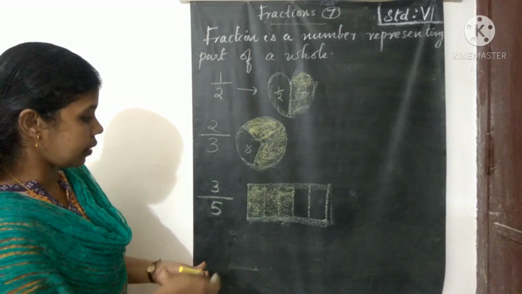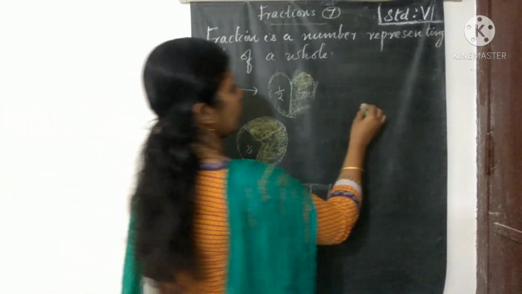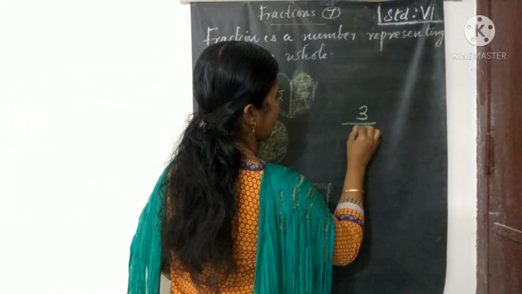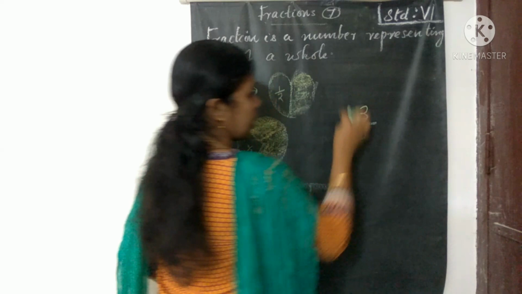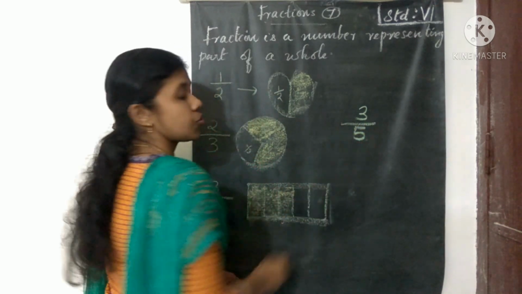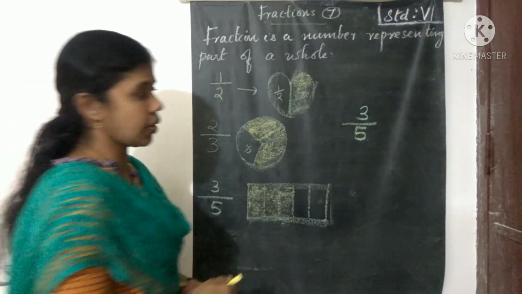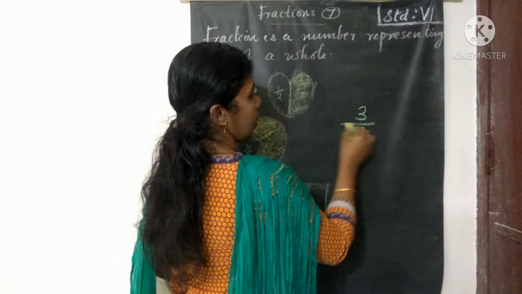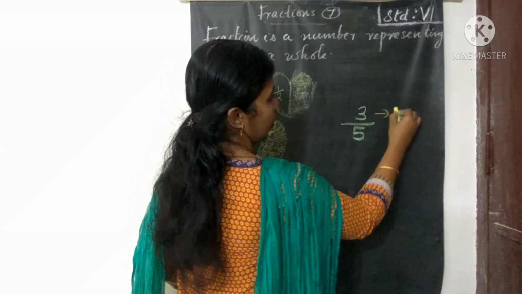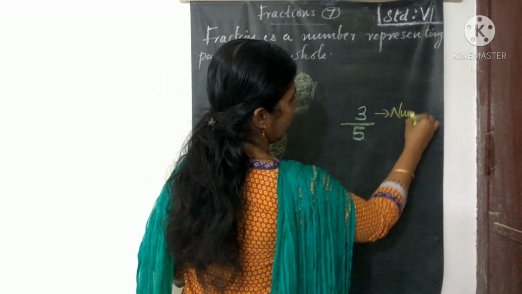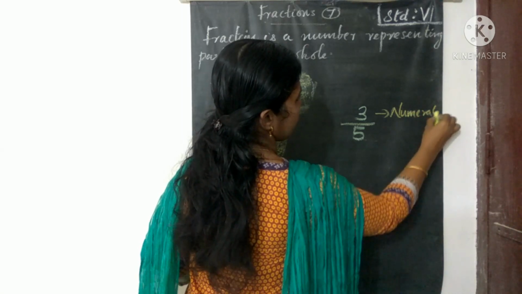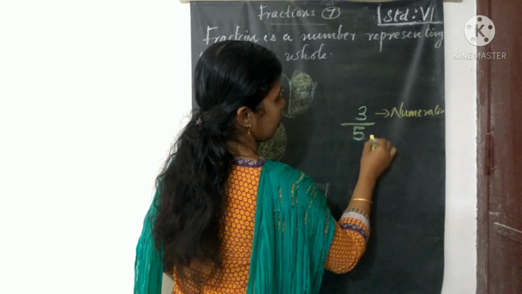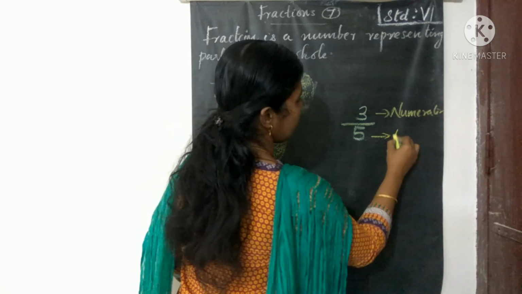In a fraction, here one example is fraction 3 by 5. One fraction contains 2 parts. Above the line, what? Numerator. Below the line, what? Denominator.